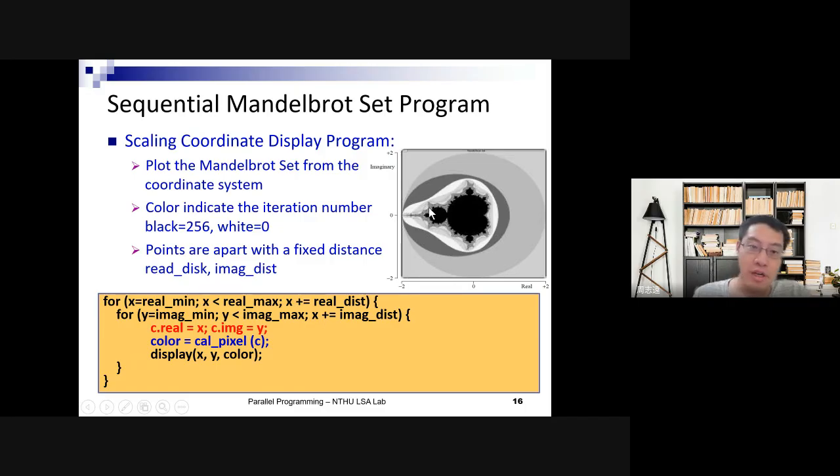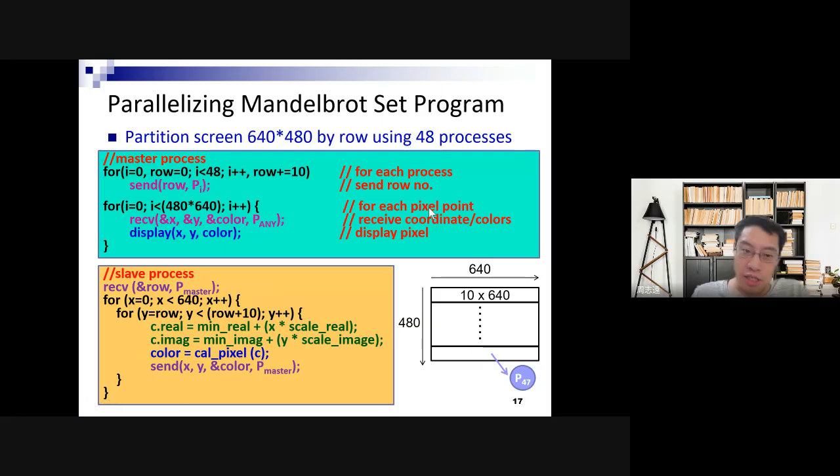Since you're going to plot the image, you can apply a similar strategy to what we showed in the first example. You can partition all the tasks, or all the pixels you're going to plot, by row, and assign those tasks to your slaves to do the computation.